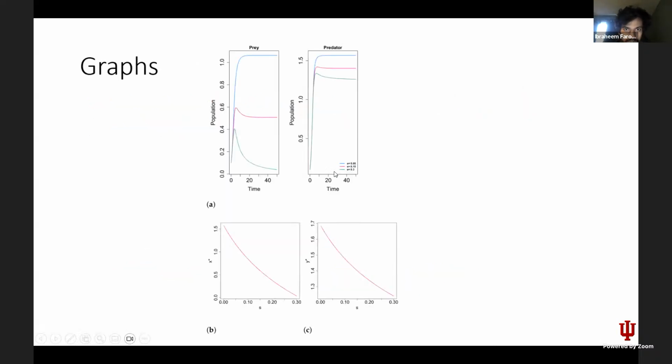What they're recognizing is that if the prey are more fearful, with an S of 0.3, the prey population has that short-term success that I was mentioning before, but then a greater long-term failure, as in the predators have greater success in the future.